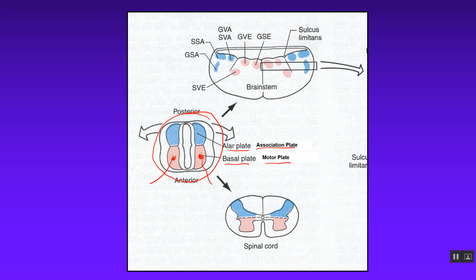That makes sense why motor features, and those are going to end up being your anterior horns in your spinal cord, and then these are going to end up being your dorsal horns. And we know the sensory comes in the back here, so dorsal in the spinal cord is sensory, and these ventral horns are motor. That's why the more ventrally located in the spinal cord is the motor system. Dorsally is the sensory system.